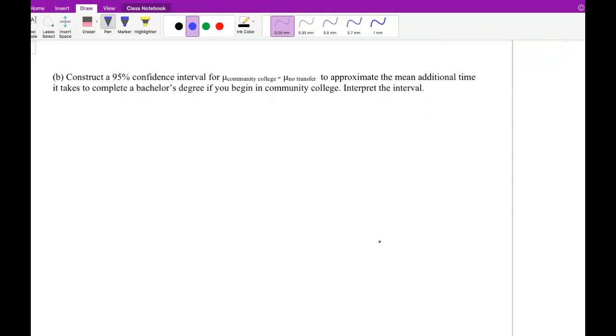Now, part B, constructing 95% confidence interval for mu. So this part is for community college, minus mu, no transfer, to approximate the mean additional time it takes to complete bachelor's degree if you begin in community college. Okay, so confidence interval.